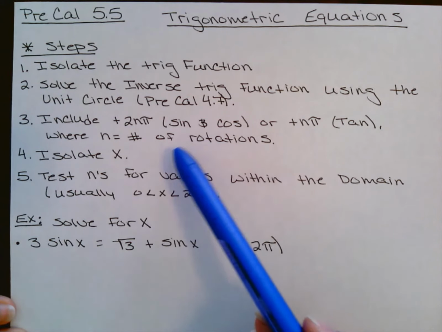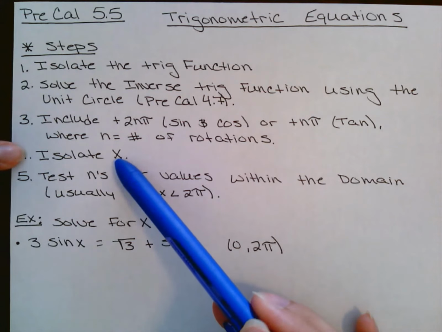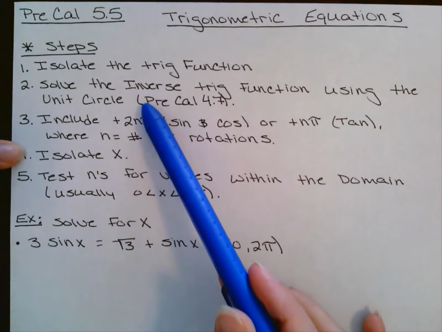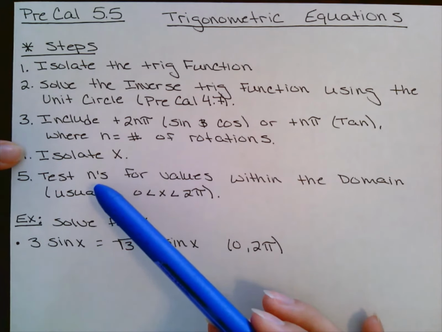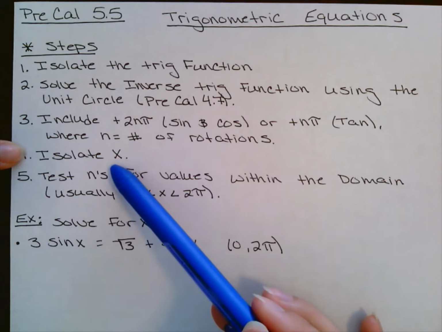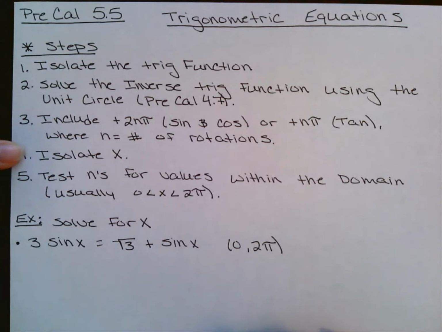Okay? So our step 4 is going to be to isolate x. If, when we took step 2 and 3, x was already isolated, you do not have to worry about step 4 getting more complicated. And I'll show you that with a simple problem and then as we move on to more complicated problems. Okay?